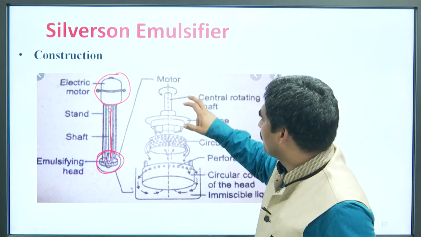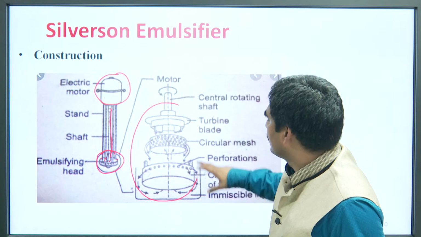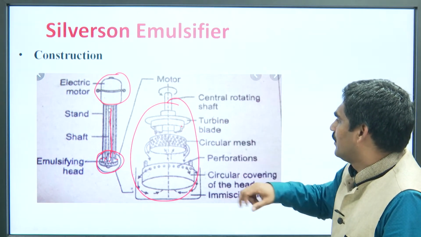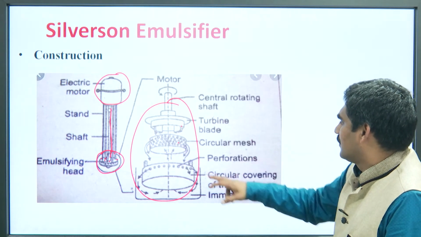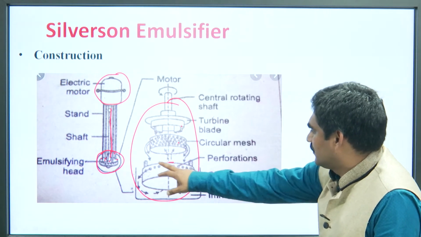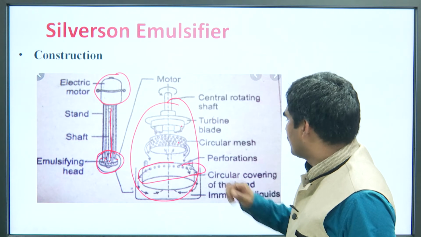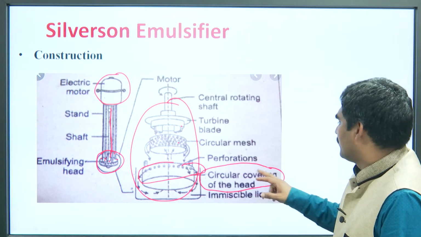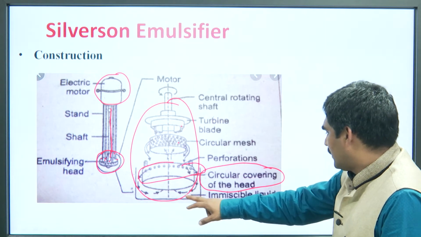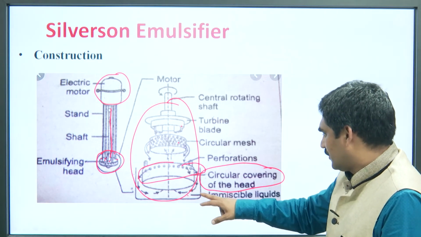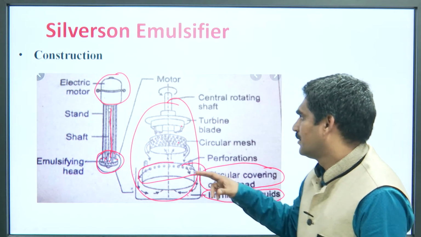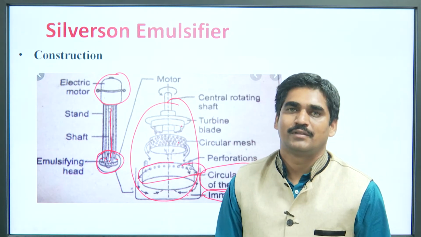If we enlarge this portion, this is the actual diagram: central rotating shaft, turbine blade, circular mesh with perforations, then the circular conveying of the head, and finally, at the bottom, immiscible liquids are present which are to be mixed with the help of this mixer.